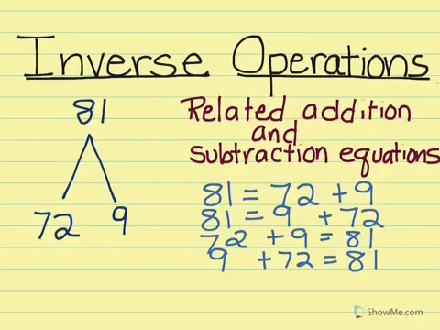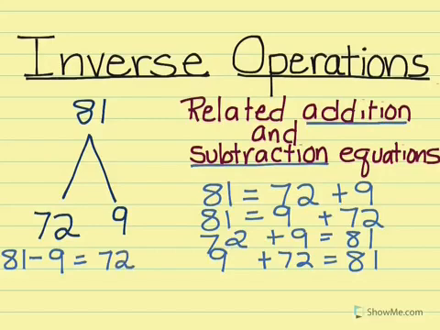Now I'm going to do the inverse. The opposite of addition is, of course, subtraction. So if I found 4 addition equations, I should be able to find 4 subtraction equations. I could start out by saying 81 minus 9 gives me 72. I also could say 81 minus 72 gives me 9.